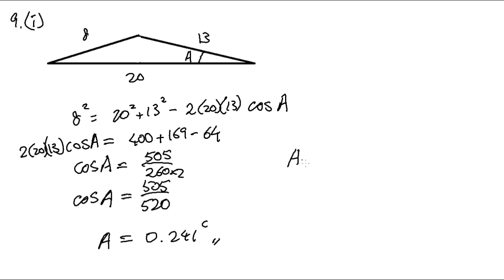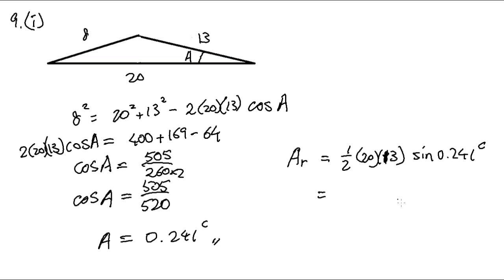I'll write AR as area because we used A for the angle. So area of a triangle is half of ab sine C, which is half of 20 times 13 sine of 0.241 radians, and sine of that will be 0.238 times 130, which is half of ab.